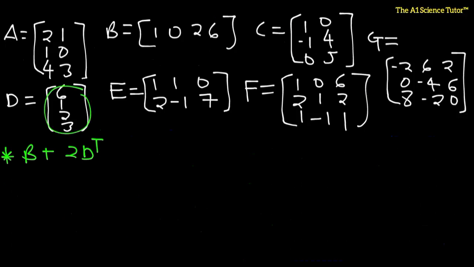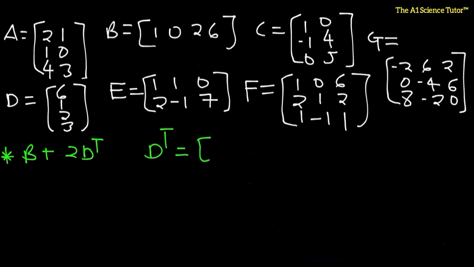Now this is D, so we need to transpose it. D transpose will change it. This is actually a 4 by 1 matrix, so we need to change it from a 4 by 1 to a 1 by 4. That will basically be the result of the transpose of a matrix.